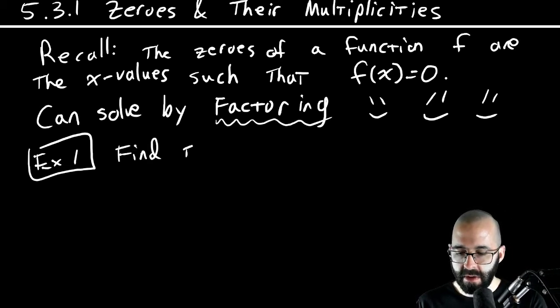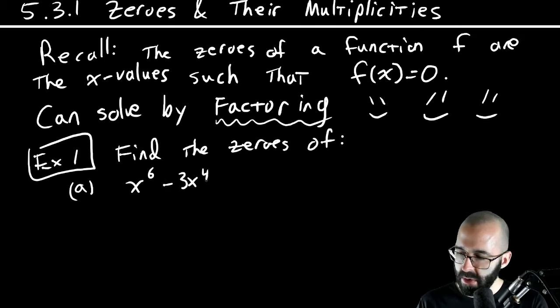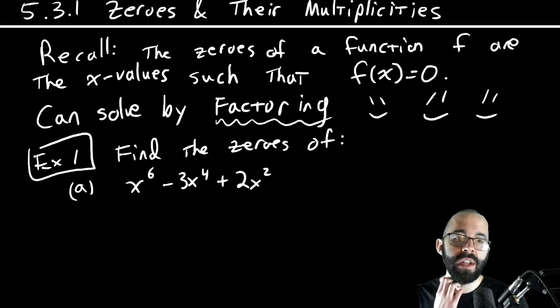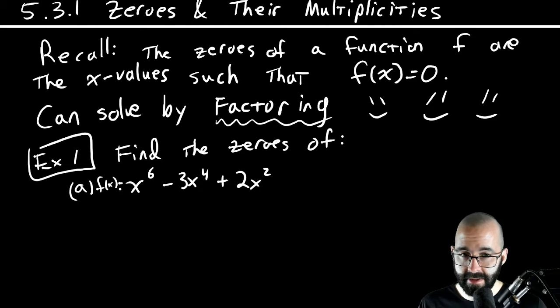Find the zeros of x to the 6th minus 3x to the 4th plus 2x squared. All right, when is this function f of x equal to this?